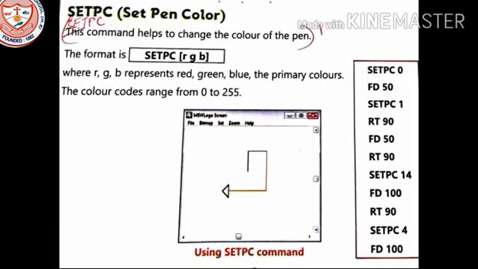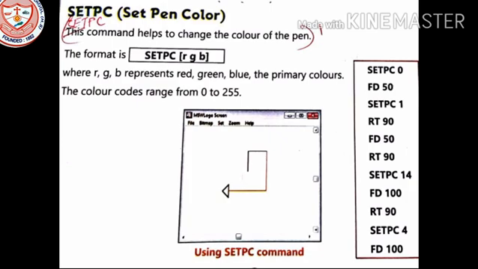Set PC. So what is the full form of set PC? Set pen color. This command helps to change the color of the pen. You can change the color according to your wish with this command.